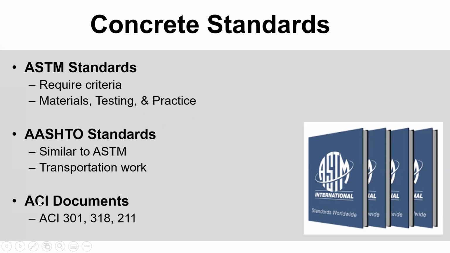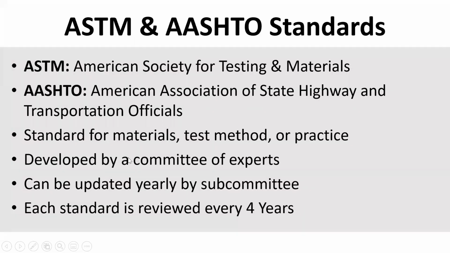So ACI a lot of times will reference and say, hey, you need this type of cement or this type of aggregate to meet this ASTM or this AASHTO specification. So just be aware. ACI is more of an engineering thing, and ASTM and AASHTO you can think of as more materials engineering, supplier and testing company type standards. So there are some pretty big differences.